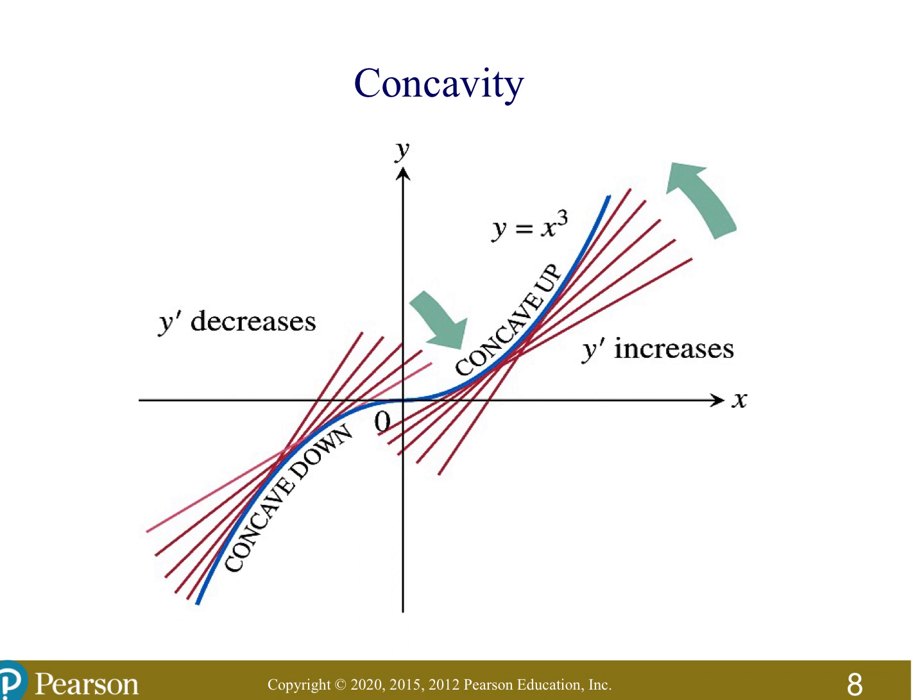As we get to concavity, we are looking at how the derivative itself is changing. Remember, the derivative tells us how the function is changing. The second derivative tells us how the derivative is changing, and we call that concavity.